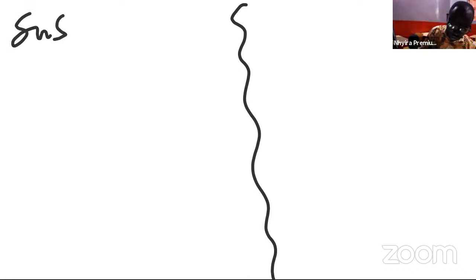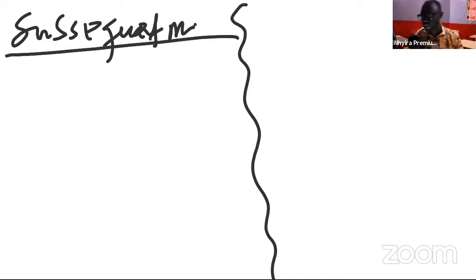So let's go to subsequent measurements. Subsequent measurement. Now, on subsequent measurement, IAS 16 states that among other things, an entity should account for the assets either using the cost model or the revaluation model. Okay?